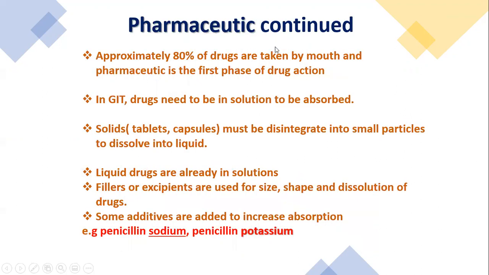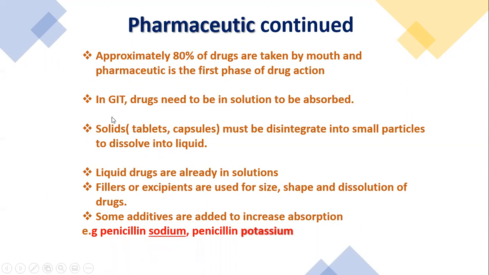Pharmaceutics: a few pieces of information every student must know. Approximately 80% of drugs are taken by mouth, and pharmaceutics is the first phase of drug action. In the gastrointestinal system, drugs need to be in solution to be absorbed.